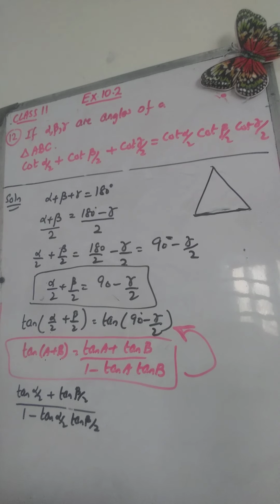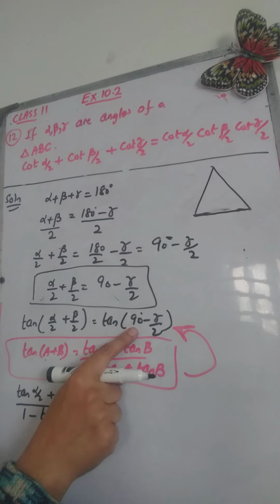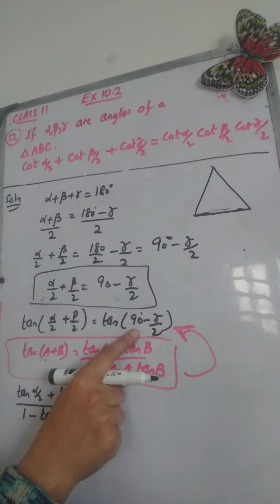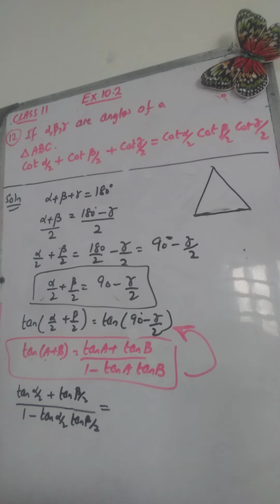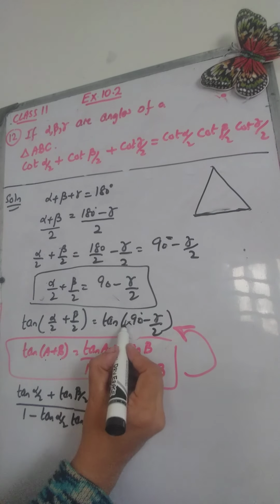So this will be equal to, now we know that this is an odd multiple of 90. So according to the allied angles concept that we already did in exercise 10.1, this can be written as 1 times 90 as it is an odd multiple.